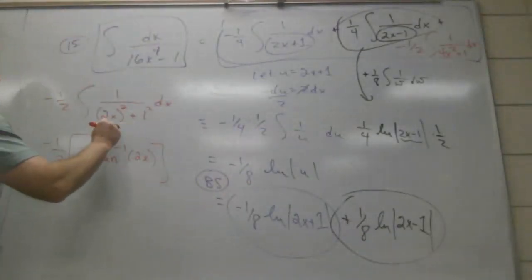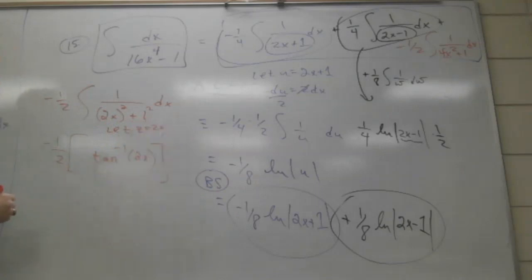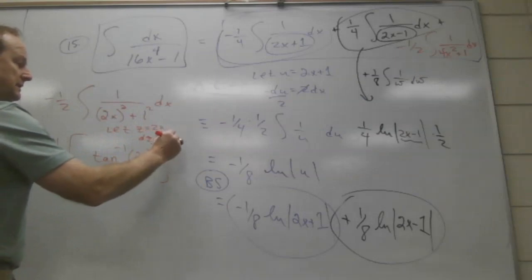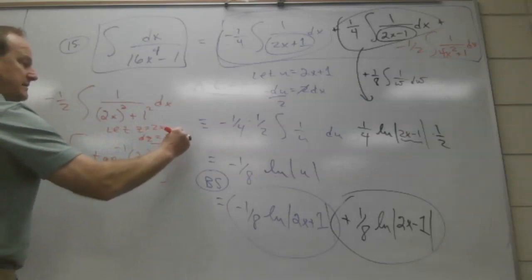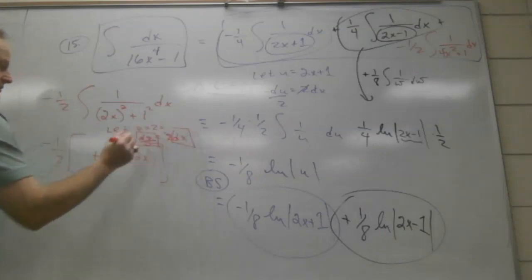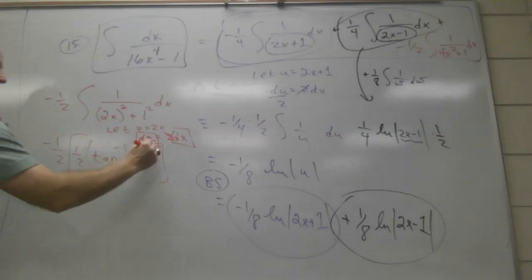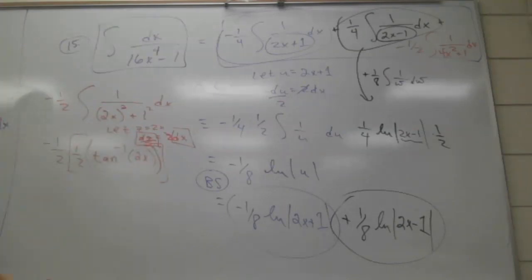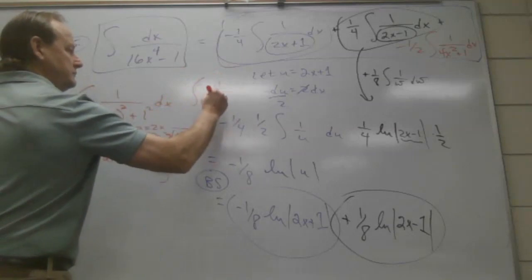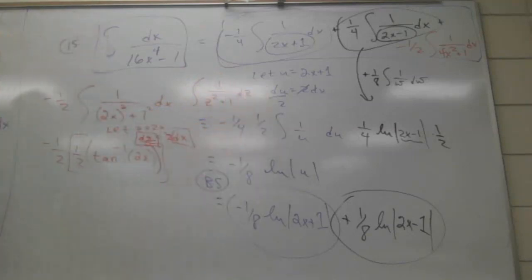If I use substitution, I would let z equal 2x, right? And what's dz equal? 2dx. So dz over 2 is dx. So I would get a 1/2 out in front, and then this would be 1 over z squared plus 1 dz, right?